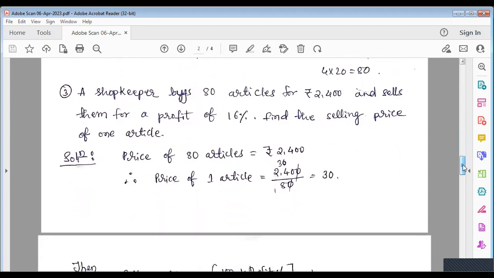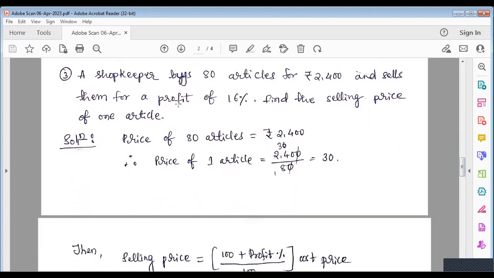And the next problem is like this. A shopkeeper buys 80 articles for 2,400 rupees and sells them for a profit of 16%. Find the selling price of one article.